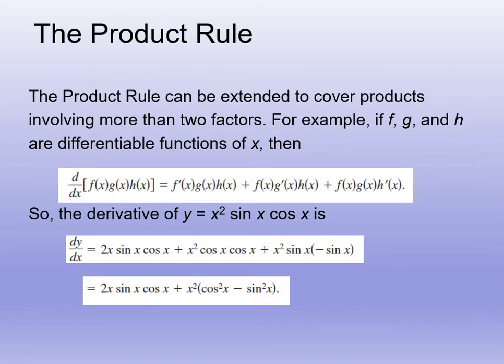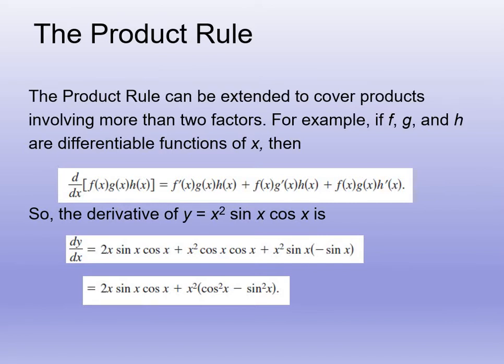If we have the derivative of y equals x squared times sine of x times cosine of x, we have to take the derivative of f of x first. So f of x would represent the x squared, g of x would represent the sine of x, and cosine represents h of x.